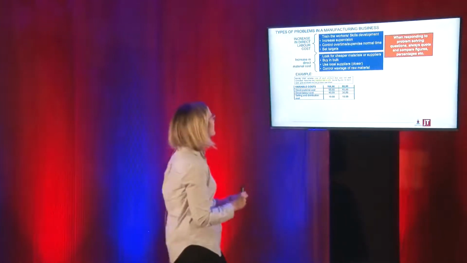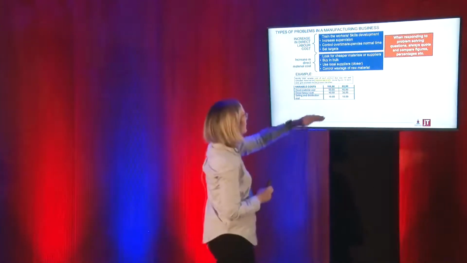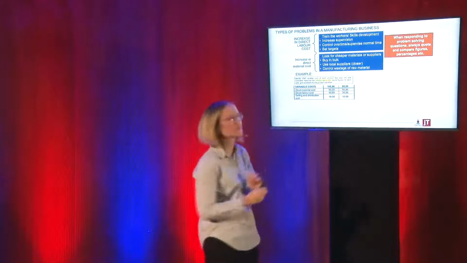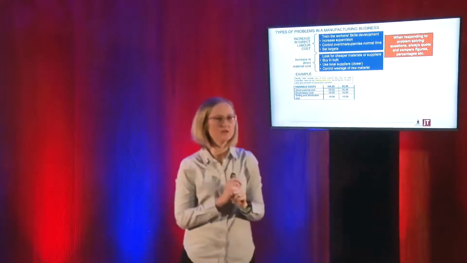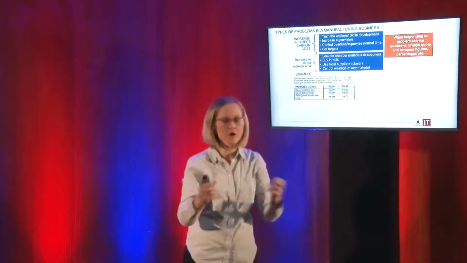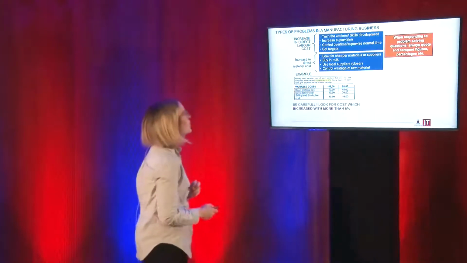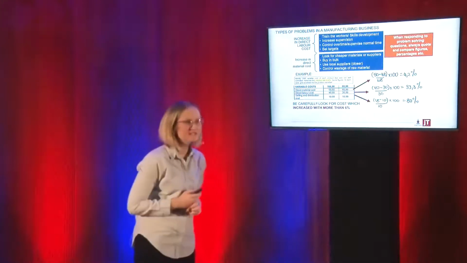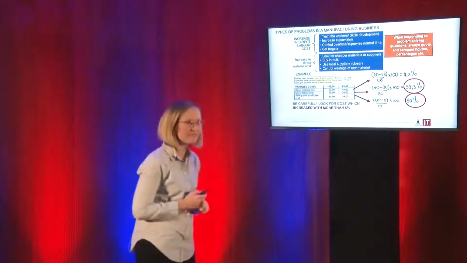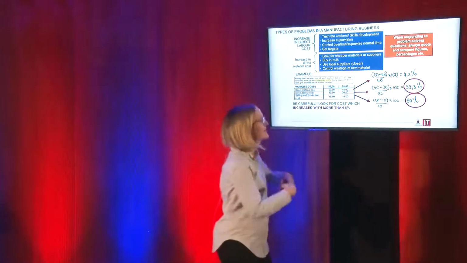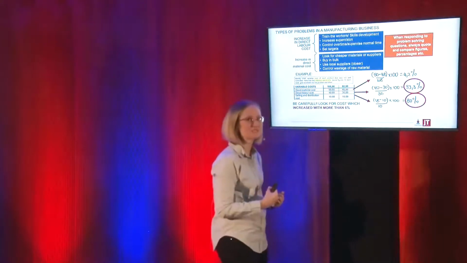Don't just go and say, oh, well, okay, direct material cost, direct labor cost, selling and distribution, all of them are applicable. You're going to get it wrong. What do we do? We work out the percentages and then we identify which of those is more than 6%.